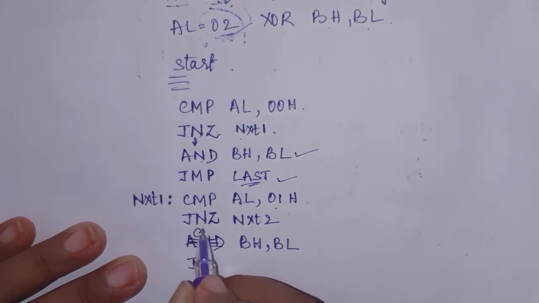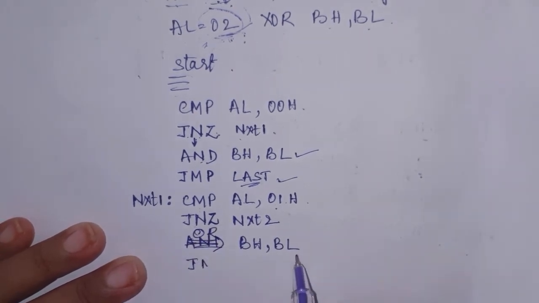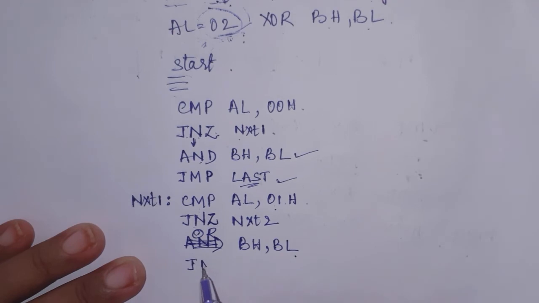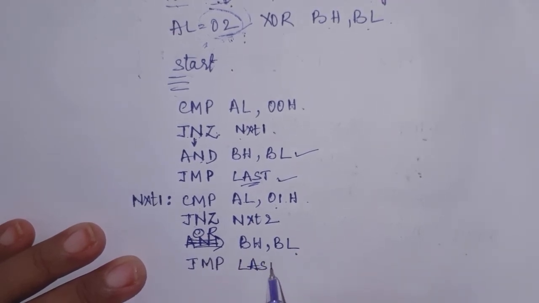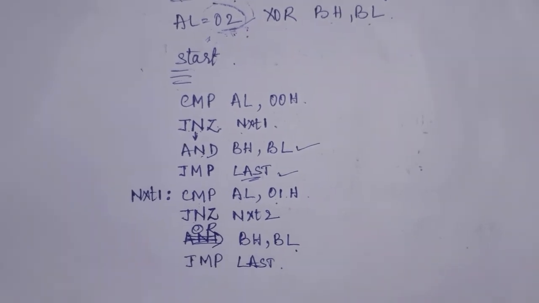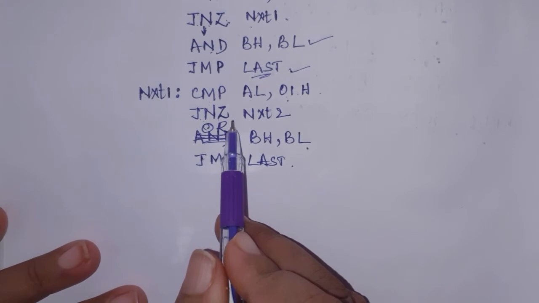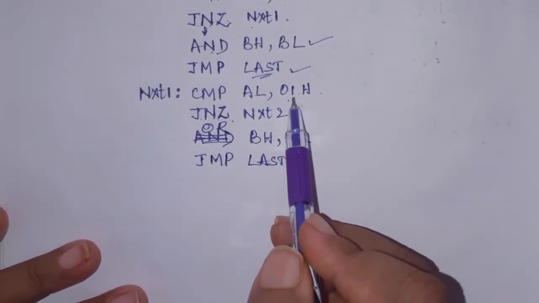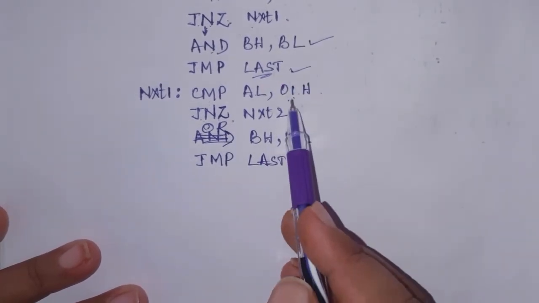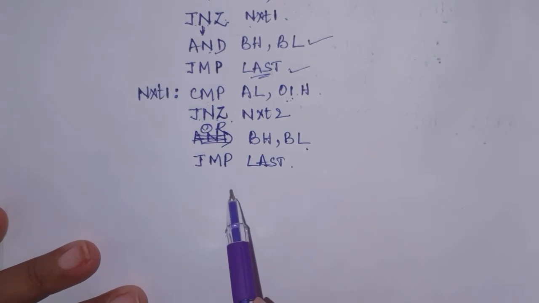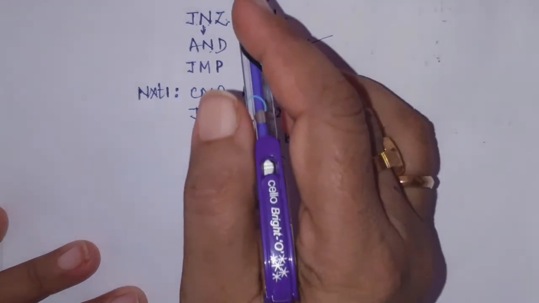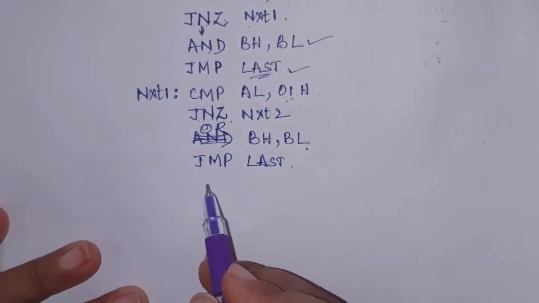So here OR BH, BL, and then the next instruction goes to the last of the program. If it is not equal to 0 and not equal to 1, then it will be equal to 2. There are only 3 conditions.